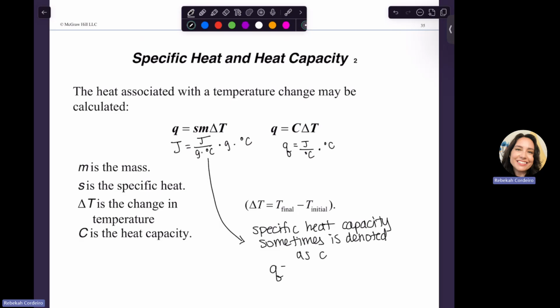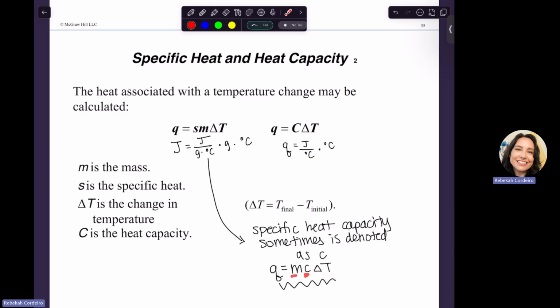So we might see Q equals m c delta T as a formula to use when we really mean specific heat capacity here. This is little c, and it is used the same as S. So you may see this formula, you may watch a video that has that formula. I don't think the MCAT gives you a formula sheet, but if you take an MCAT prep class, they may use this formula. So I don't want you to get confused if you see this little c.